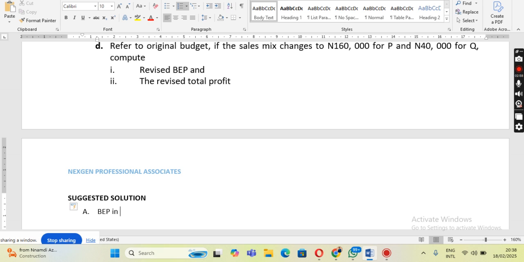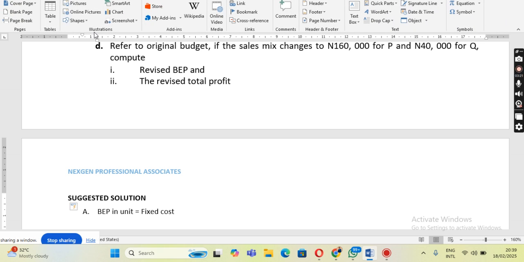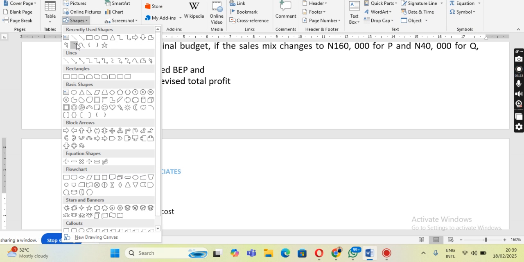BEP in units. Now, since it is multiple products, BEP in units will be calculated as fixed cost divided by the weighted average, since it's units, right? Don't forget that when you want to calculate units, you divide by contribution per unit. Don't forget what we did under the single product.